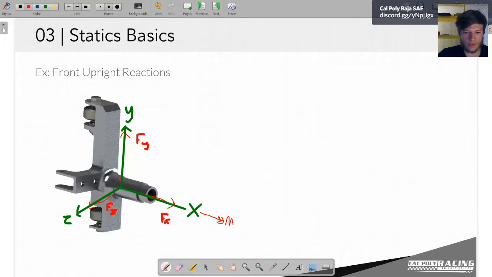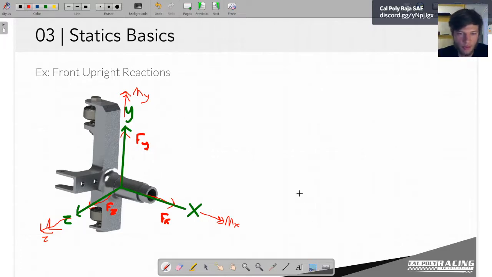Moment in X, moment in Y, moment in Z. If it's weird to think of moments as vectors, just imagine that you're trying to rotate this whole thing with your thumb sticking up. You're trying to rotate the whole thing in that direction.